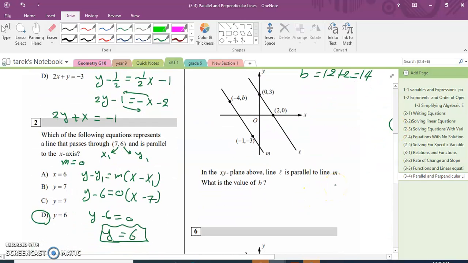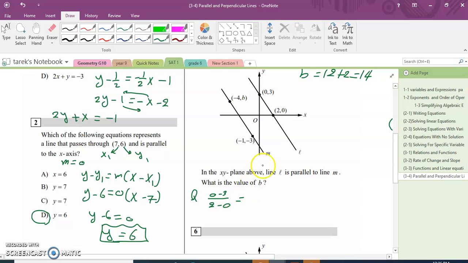And this one, in the xy plane above, line L is parallel to the line M. What is the value of b? Since these two lines are parallel, they have the same slope. Can I get the slope of this and the slope of this? Yes. Let's start with line L. Its slope is y2 minus y1, which means 0 minus 3 over 2 minus 0.